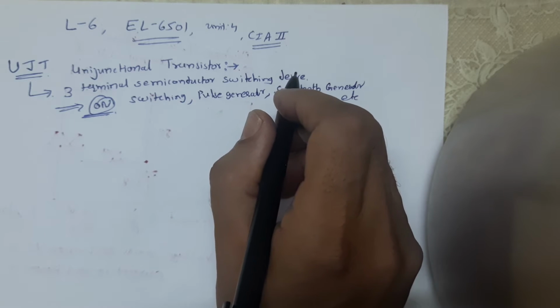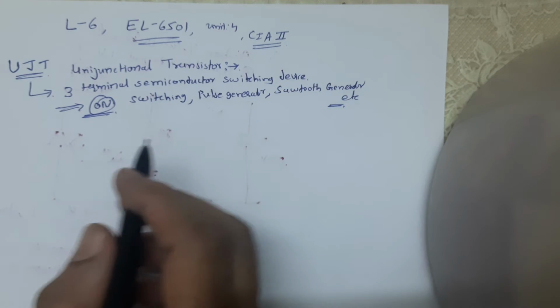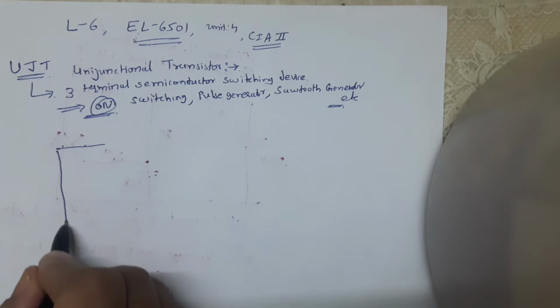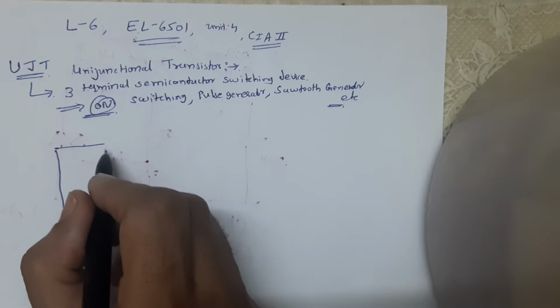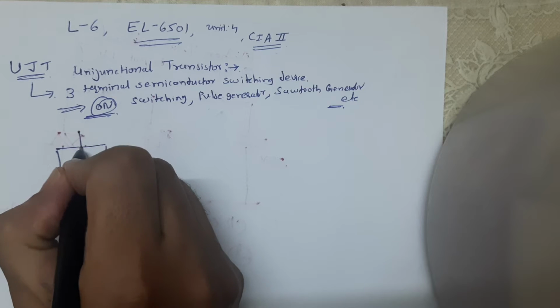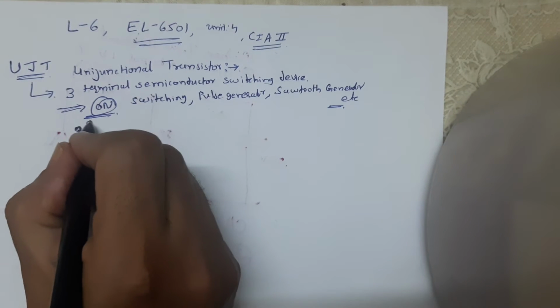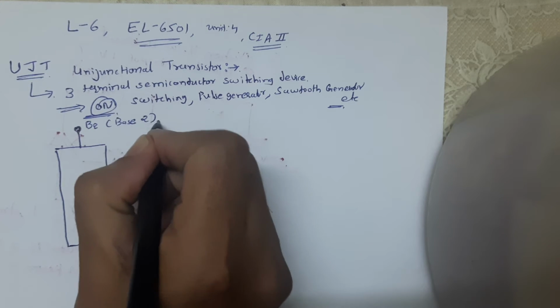Now we are discussing the construction. The construction of UJT is like this. This is your base 1 and base 2. B1 means base 1. This is your B2, that means base 2.